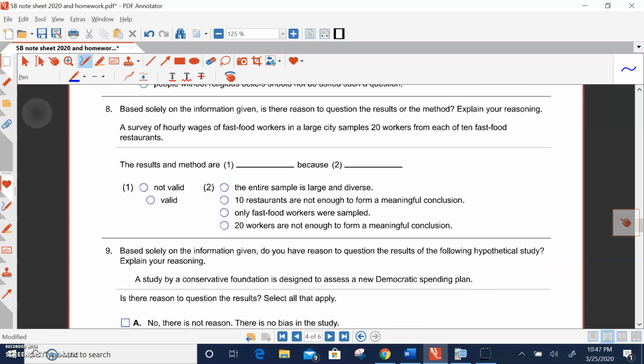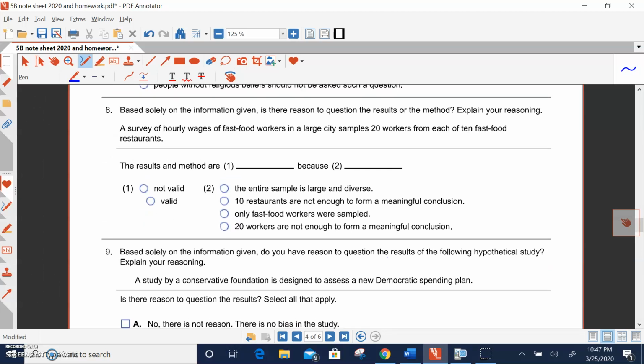Okay, there's 8. Read it, work it. So what are your thoughts on number 8? Is there a reason to question the results of the method? So here's what we've got. A survey of hourly wages of fast food workers in a large city samples 20 workers from each of 10 fast food restaurants.